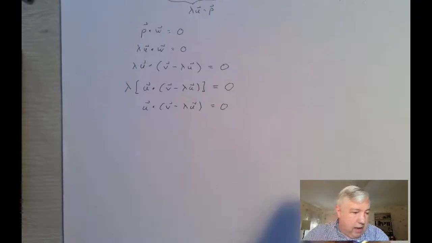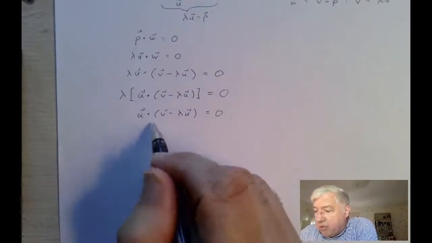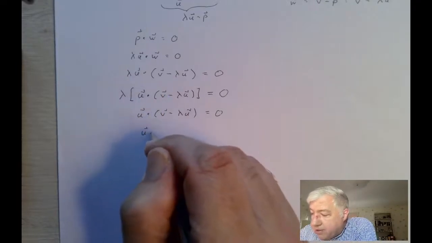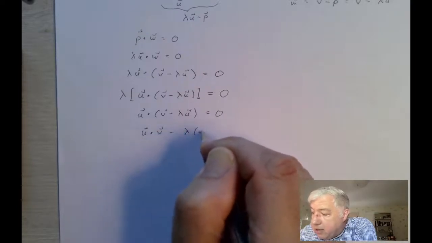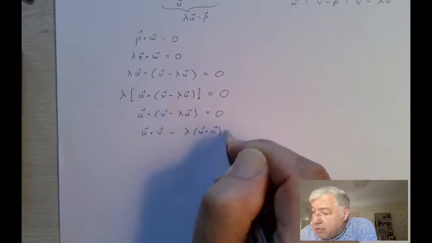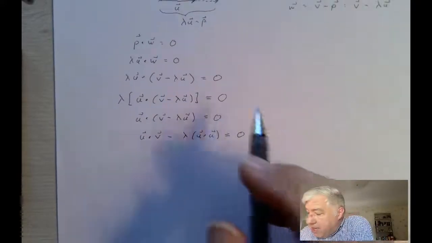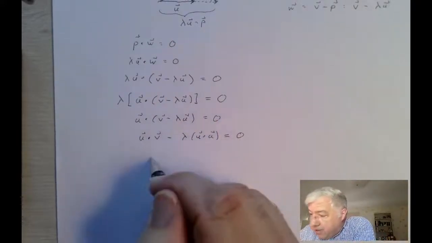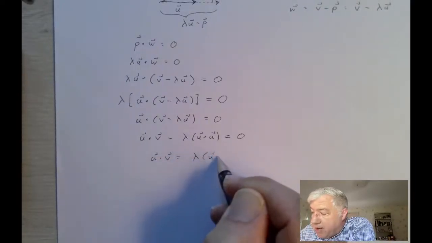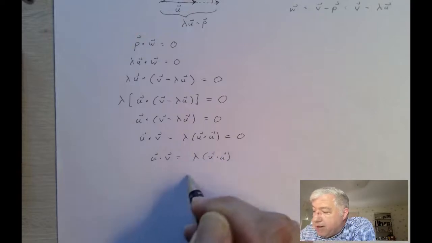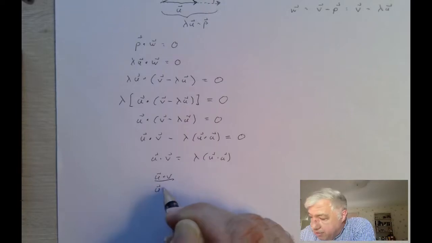Using the distributive law, this is u dot v minus lambda times u dot u equals 0. So you can simplify this as u dot v equals lambda times u dot u, so lambda is u dot v divided by u dot u.